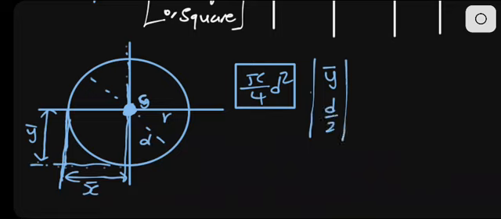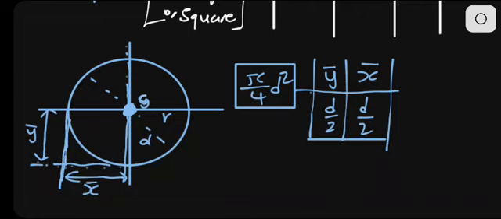And what about x bar? X bar will be the same, also diameter divided by 2. When you're given the circle cross section, y bar and x bar will be the same, or can be the radius. That is what we're supposed to know to determine the centroid of the circle.